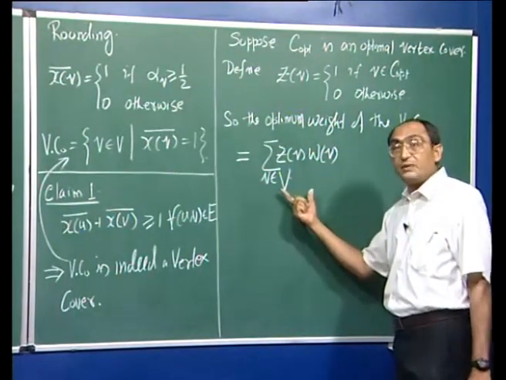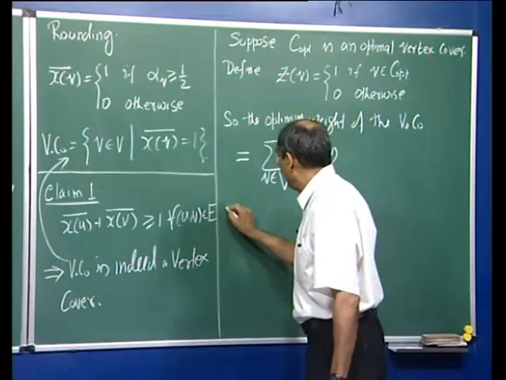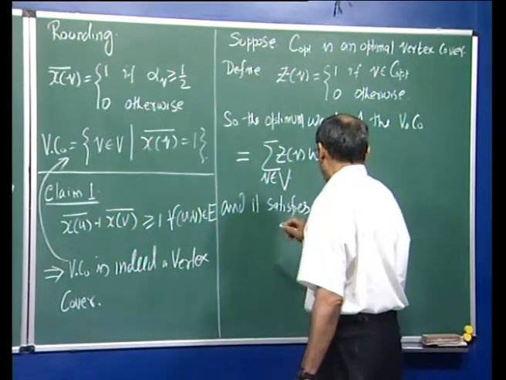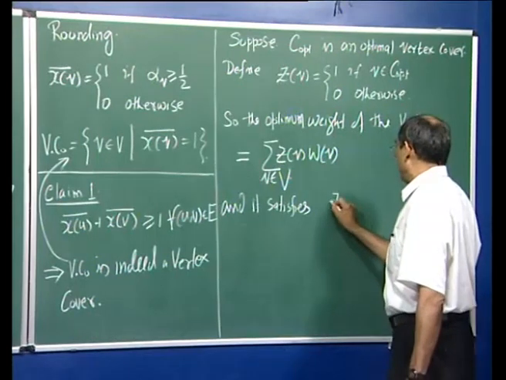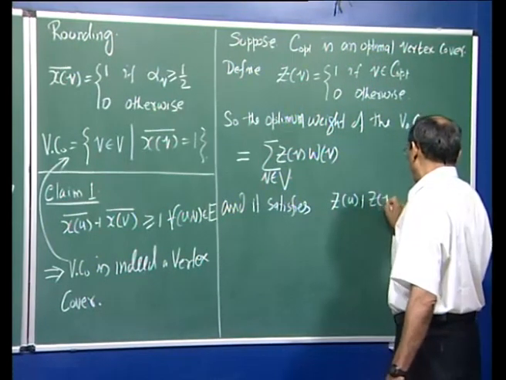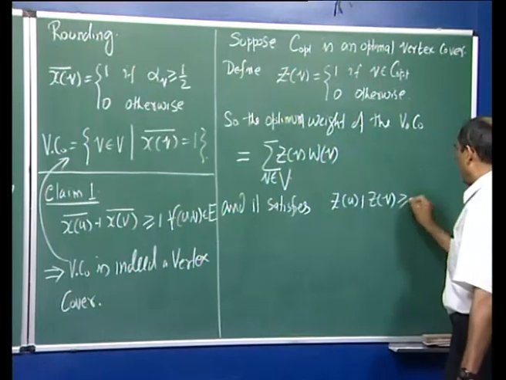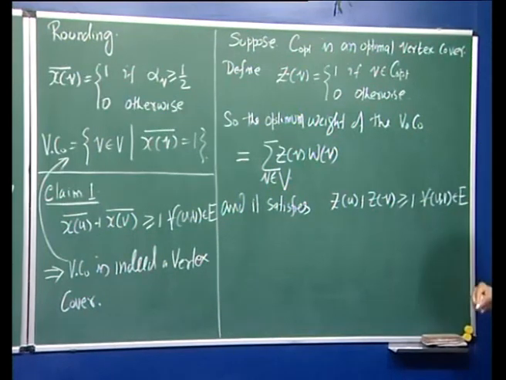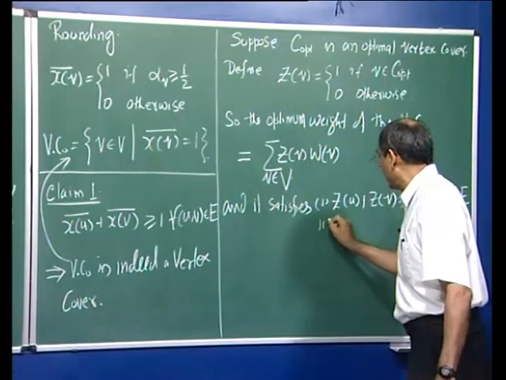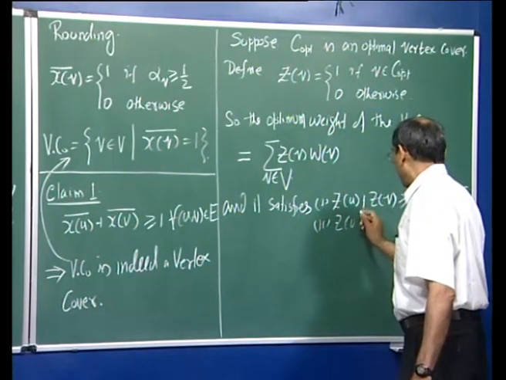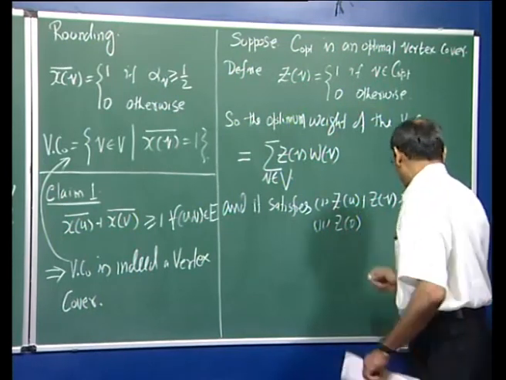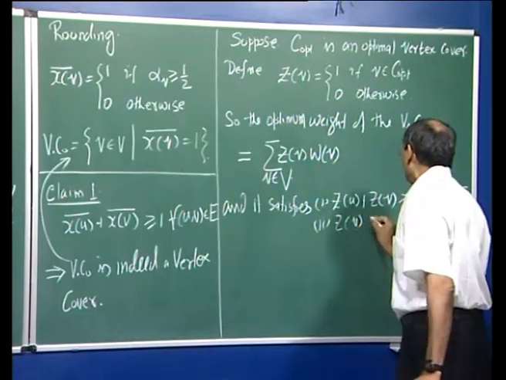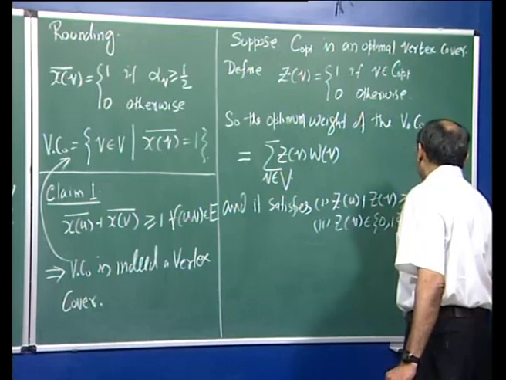Then check this in the context of the integer program we had written. This being a vertex cover has to satisfy, and it satisfies, ZU plus ZV greater than or equal to 1 for all UV in the edge set, and it also satisfies the fact that all ZVs belong to the set of zeros and ones.